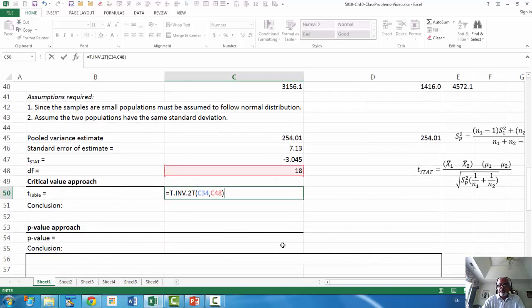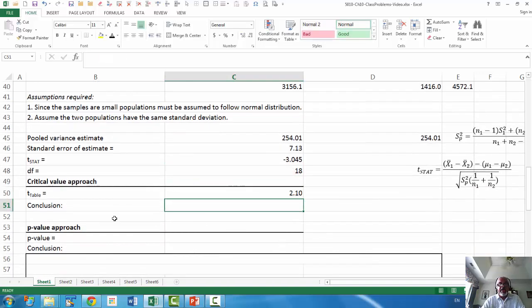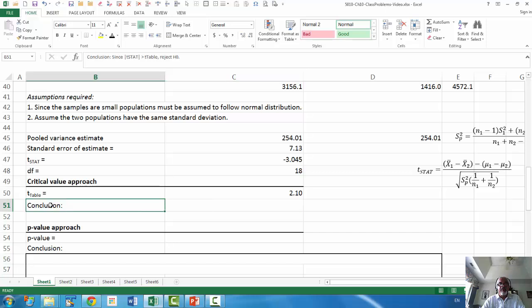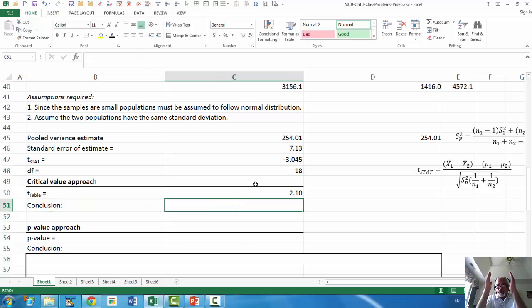So that gives us the t-table value. And now we can say that in a two-tailed test, you take the absolute value of the t statistic, and if that is greater than the t-table value, we'll reject, otherwise we will not reject. So in this case, the absolute value is greater than 2.1, so we will reject.